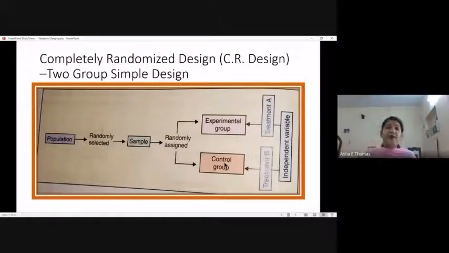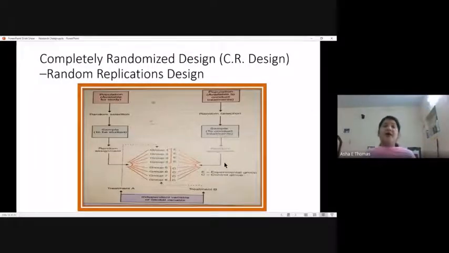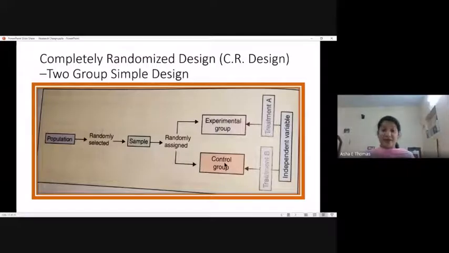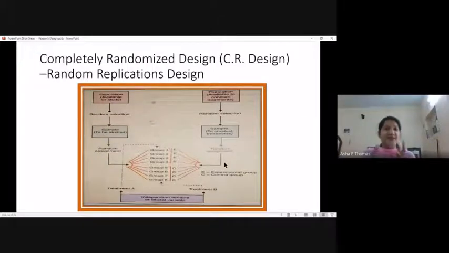That led to the development of something called the randomized replication design. Here, in the earlier design, there is no principle of replication. You are just checking it once and arriving at the result. When we convert this model using the principle of replication, we say that there is the principle of randomization and the principle of replication applicable in the randomized replication model.